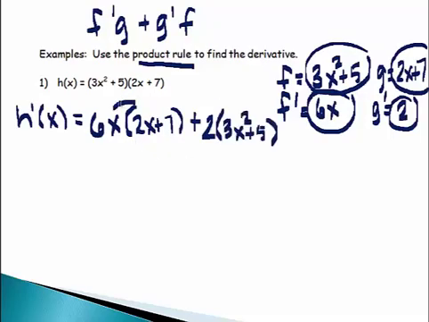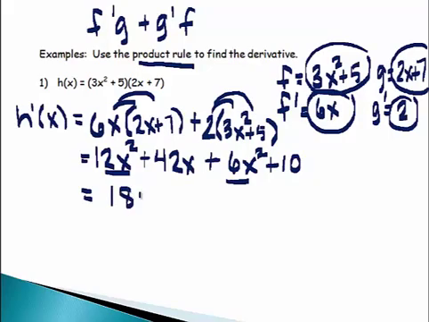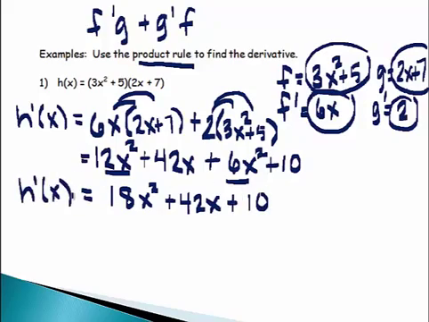So now we're going to go ahead and distribute, and we'll get 12x squared plus 42x, distribute, 6x squared plus 10. And we'll add our like terms. We will get 18x squared plus 42x plus 10. And there is our first derivative of the original function.